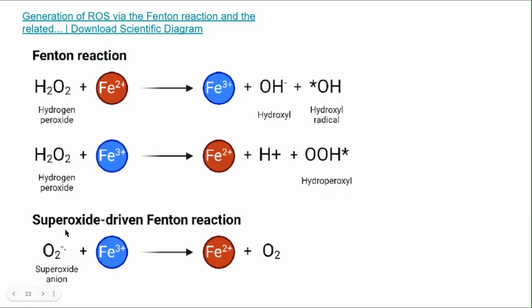And then superoxide can actually interact with ferric iron and it produces the ferrous iron that can then interact with hydrogen peroxide. So you can see we got a lot of stuff going on here. So superoxide can contribute in a roundabout way to producing hydroxyl radicals all on its own without having to be converted to peroxynitrate, is what I wanted to show here.